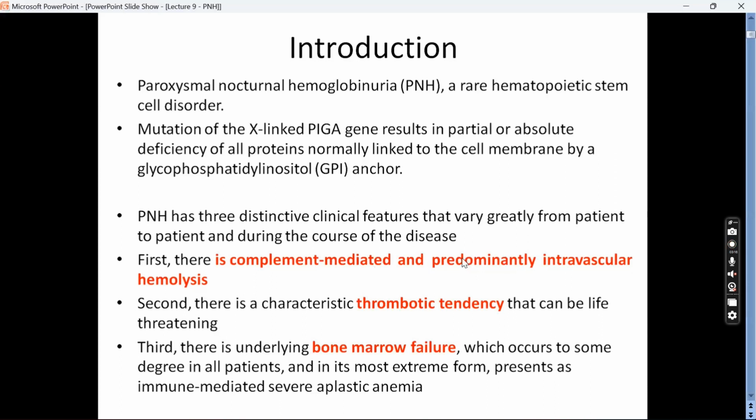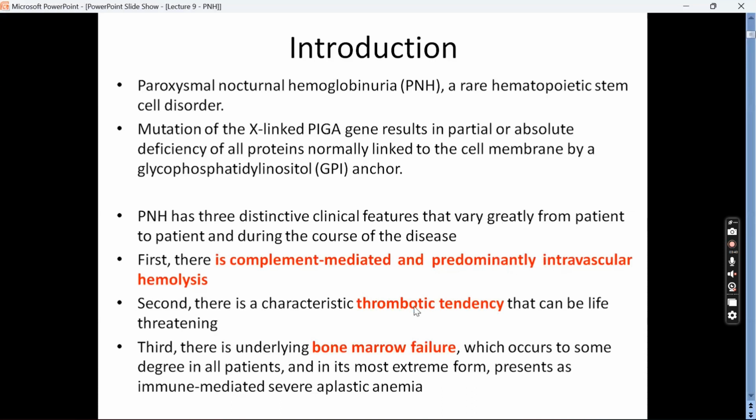When the GPI protein is not there, CD55 and CD59 will not be on the cell surface. Such RBCs are very susceptible to complement mediated lysis and undergo lysis in circulation. So the first classic feature of PNH is predominant intravascular hemolysis.